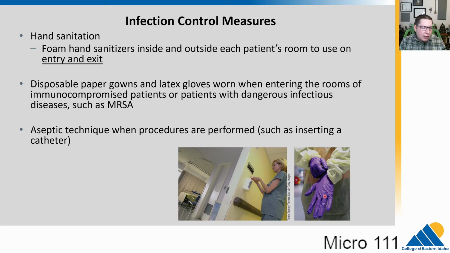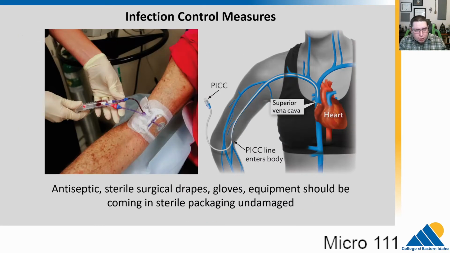This is going to protect not just the provider, but also the patients, right? So like we've talked about, anytime you break the skin, and particularly when you go straight into the bloodstream, aseptic technique is super critical. We can't have any microbes entering, so we need to clean the area using an antiseptic to prevent any skin microbes from getting in.